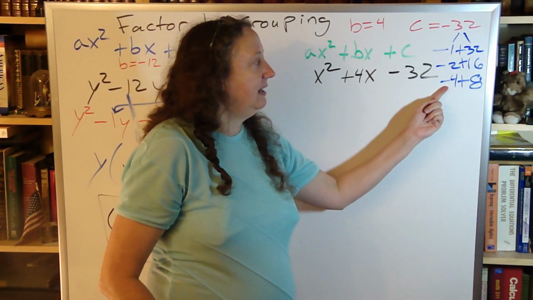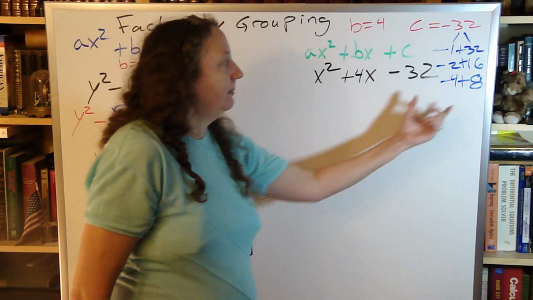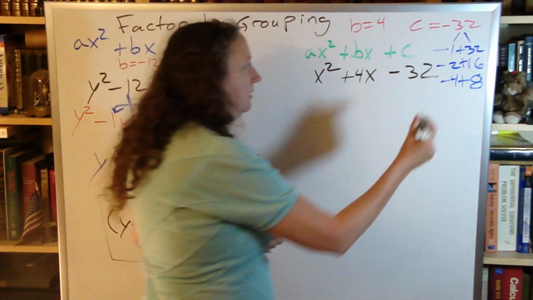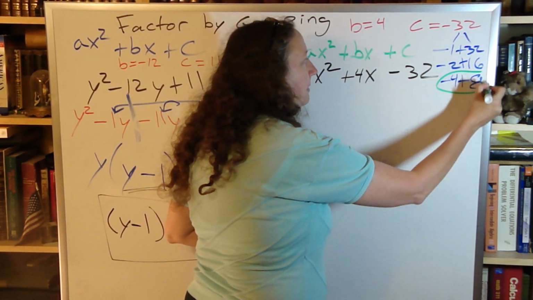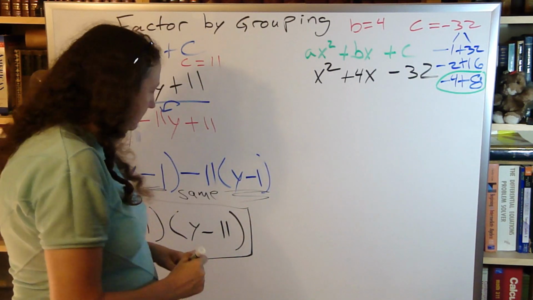I see that negative 4 plus 8 adds to the 4. So I'm going to use those two numbers, negative 4 and positive 8, to replace my 4 there.